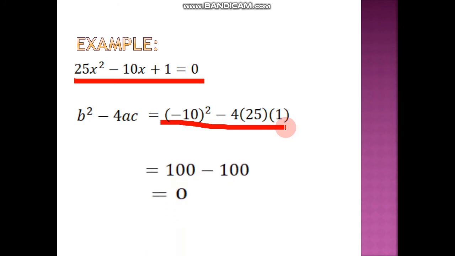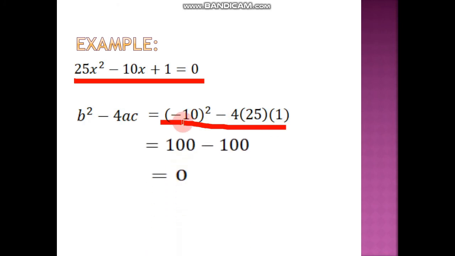Simplify this. Negative 10 times negative 10 is equal to 100. Negative 4 times 25 times 1 is equal to negative 100. So 100 minus 100 is equal to 0.